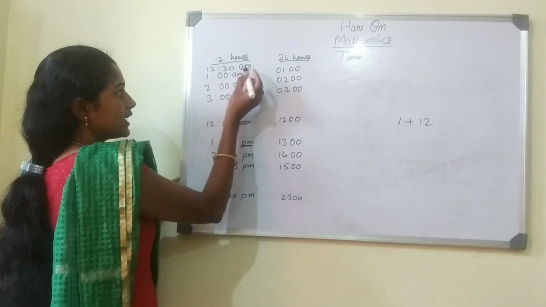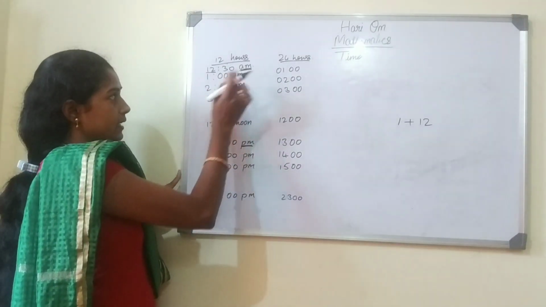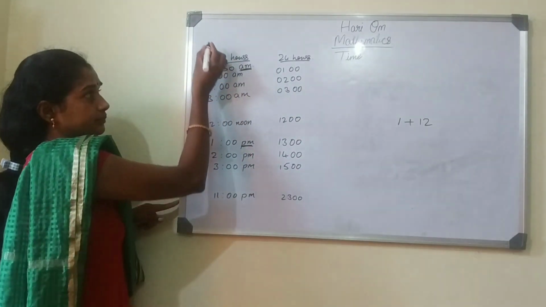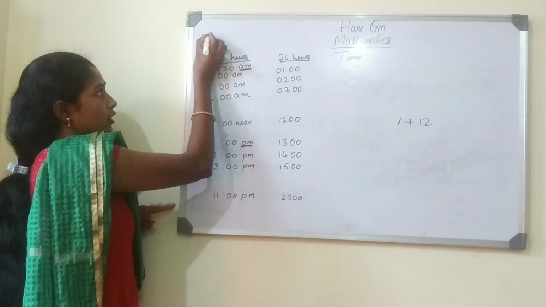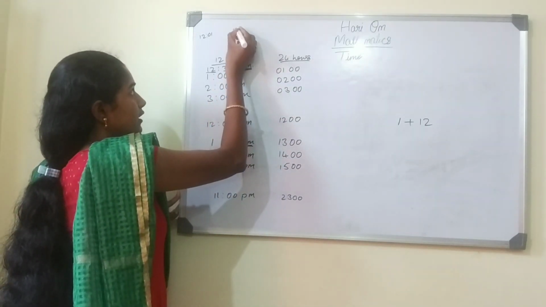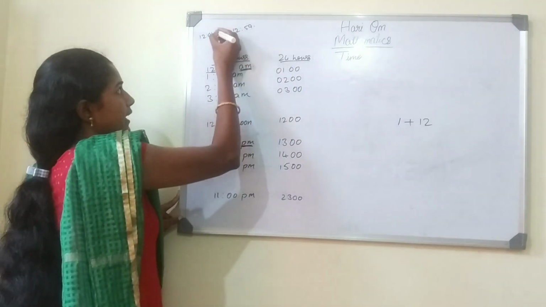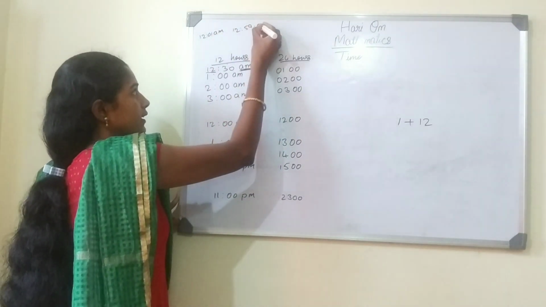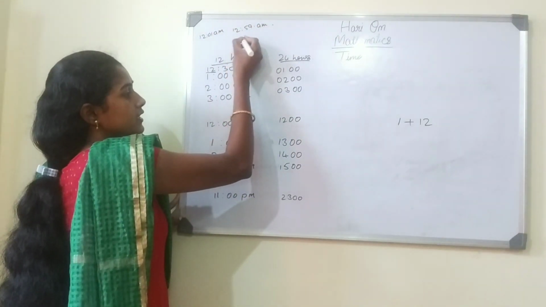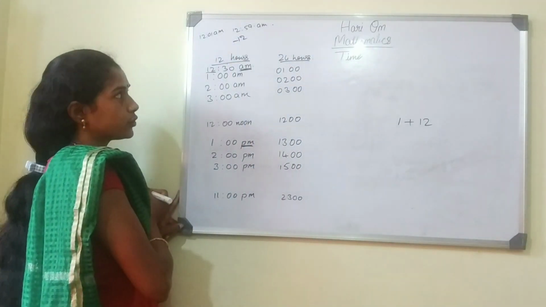No. If it is AM, that is, if it is 12 o'clock 1 minute, or 12 o'clock 2 minutes, or till 12 o'clock 59 minutes AM, we have to subtract 12. We have to subtract 12.